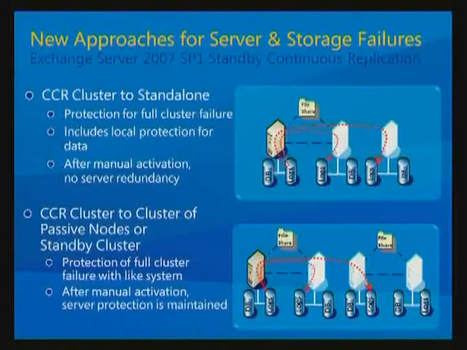And then when you go to activate it, it becomes, for example, a CCR server, or it becomes an SCC server. So now you have kind of the best of all worlds in that case.